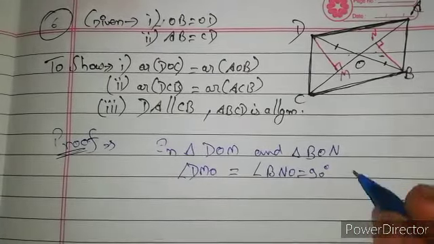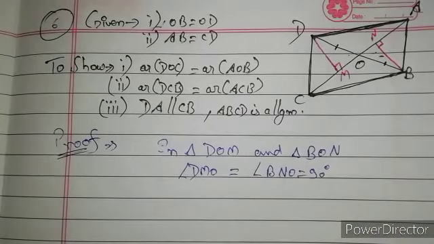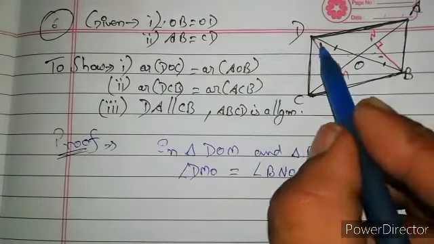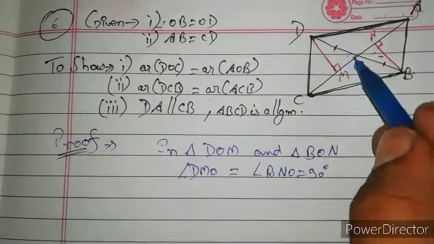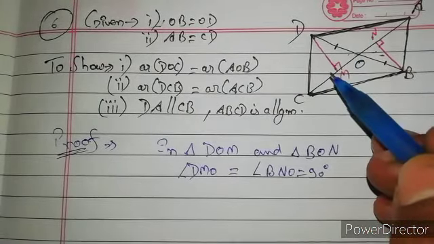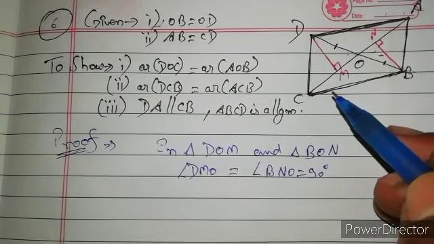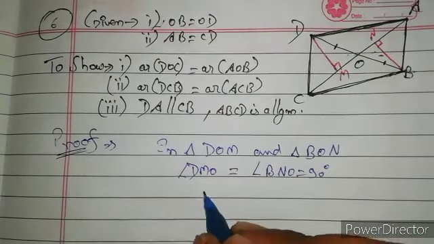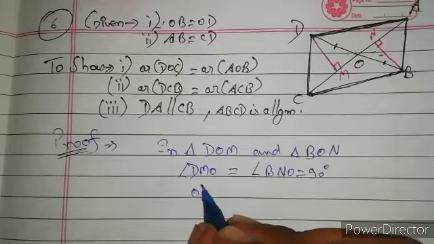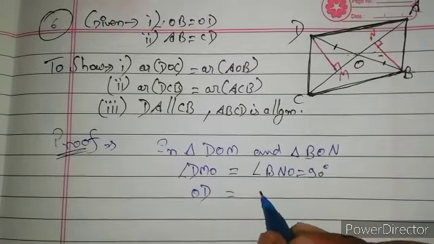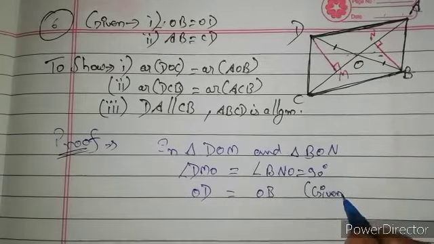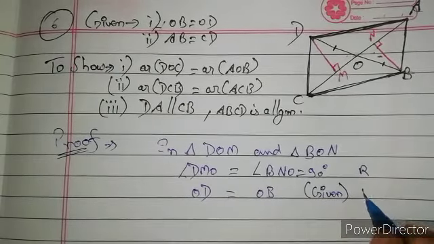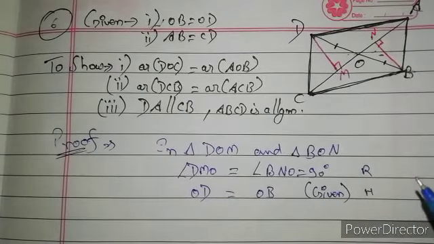This is a right angle triangle, and it is given that OB is equal to OD. OD is the side opposite the right angle, means it is the hypotenuse. So for this triangle OD is the hypotenuse and here OB is the hypotenuse.